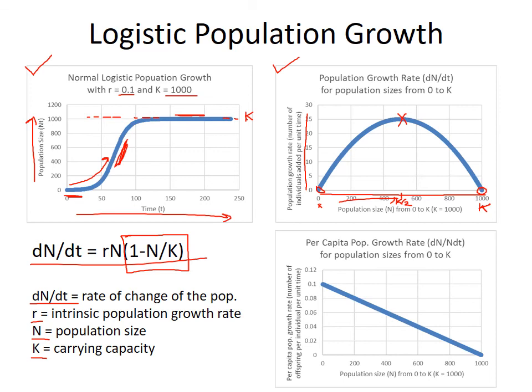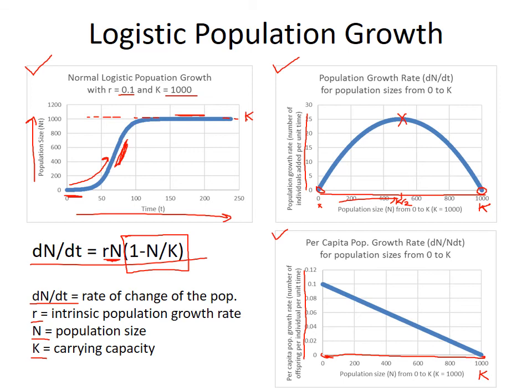So in the graph in the lower right, we have the same x-axis. It's still population size from 0 to K. But what we're showing on the y-axis is a little bit different now. So now instead of showing total population growth rate, which is r times N, we're showing the per capita population growth rate.